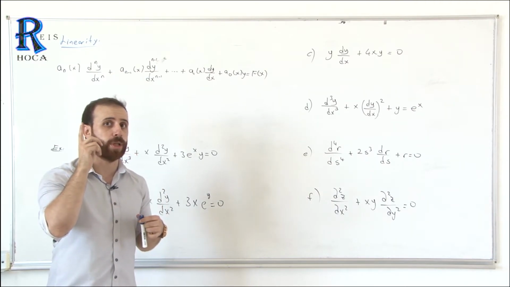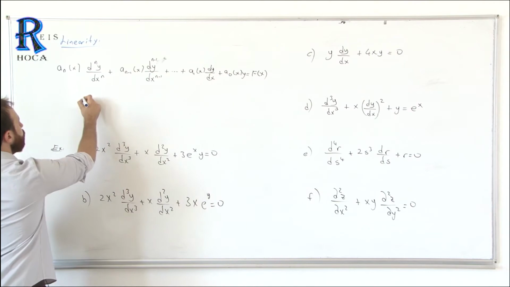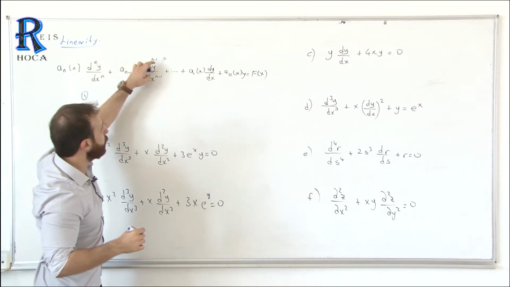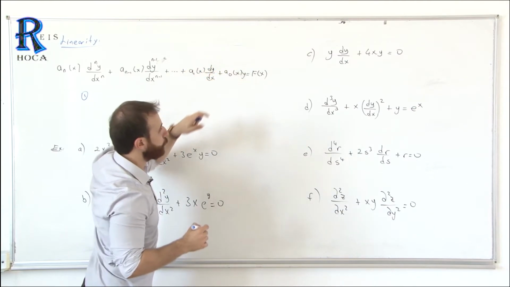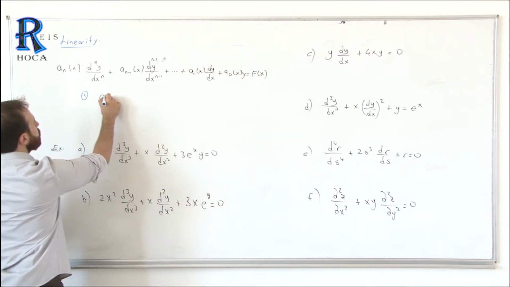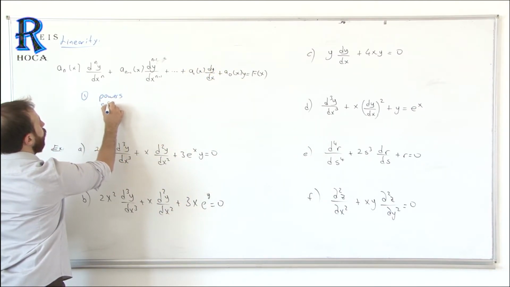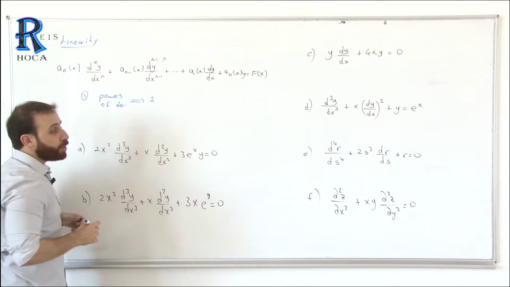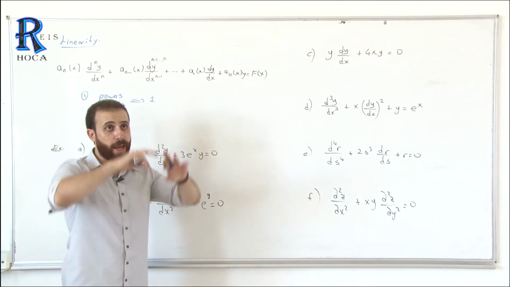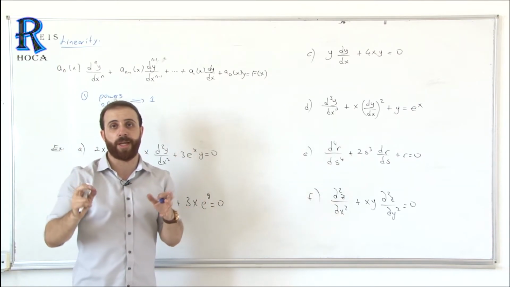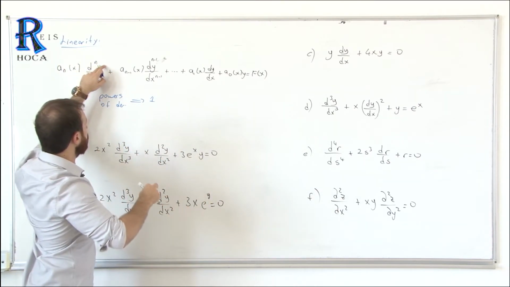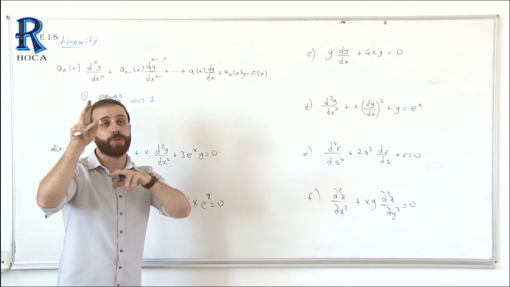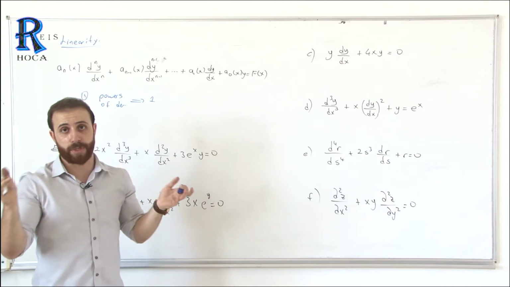Okay, this is important. The first thing: check the powers of the derivatives. All of them are just 1. You cannot see dy over dx cubed or squared, something like that. All powers of derivatives are just 1. No dy over dx cubed, squared, to the power of 4 or minus 1, something like that.